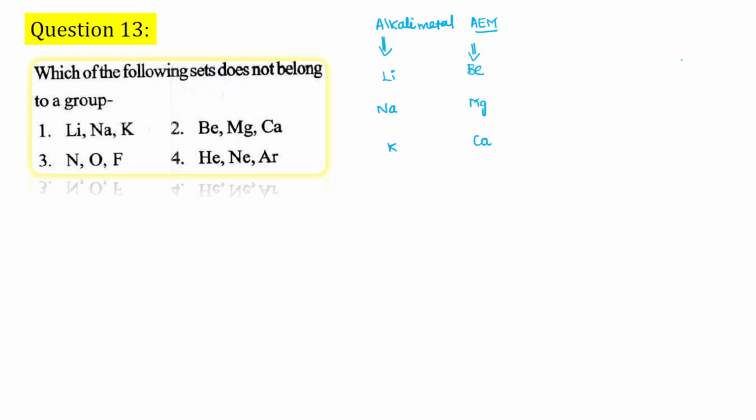And same way, helium, neon, argon, all these are in group 18, which we call inert gases or rare gases. But nitrogen, oxygen, fluorine exist in a row, so it is no more called a group. So the one which doesn't belong to a group is nitrogen, oxygen, and fluorine. Basically you must have a rough idea of the positions of elements in the periodic table to answer this question. So ensure you are exposing yourself to the periodic table.